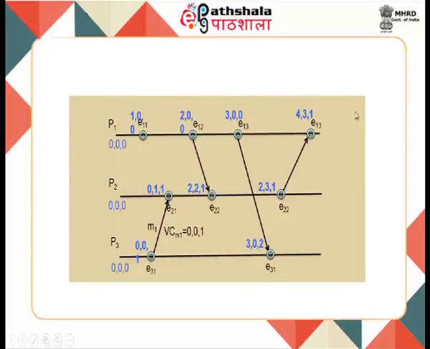If we look at this example, we will see that this event 1 0 0 and this event 0 1 1 are neither Vt1 less than Vt2, because there is this 1 and 0, this is more than this. On the other hand, it is not Vt2 less than Vt1, because Vt2 has one component which is greater than Vt1. So, these are two events which are concurrent events.